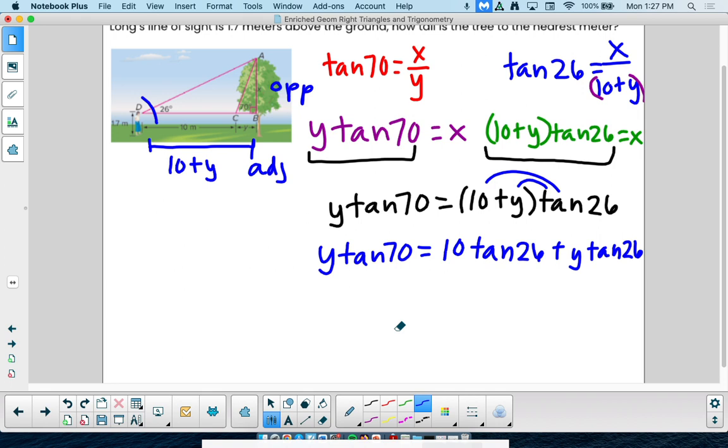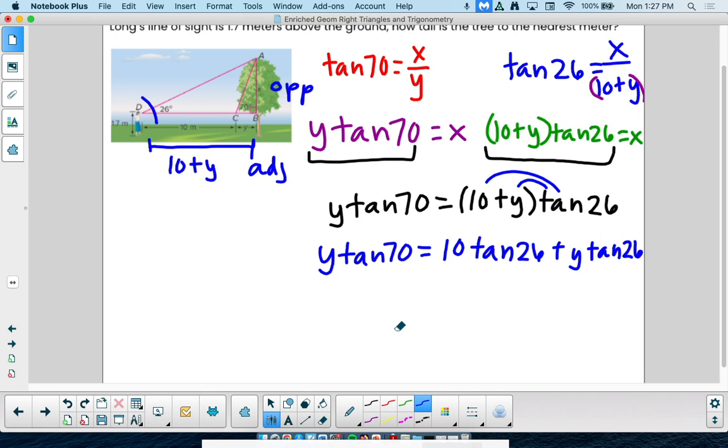And you're just solving the equation for Y. So if you just think of your equation solving skills, what would make the most sense to come next? We can't get rid of tangent yet. We're trying to find Y, but if you have Y on both sides, we want to get our Y's to the same side, right? I'm probably going to bring this guy over there.